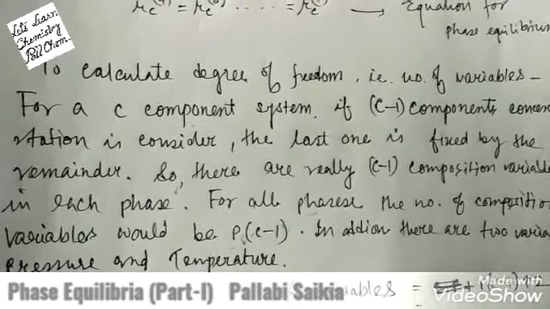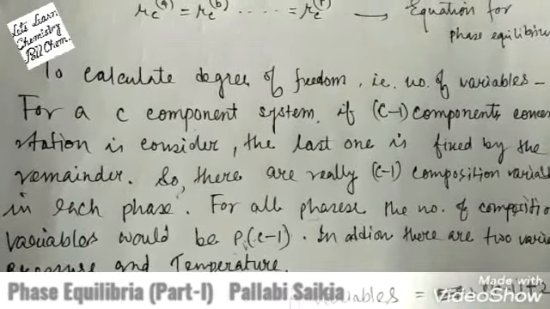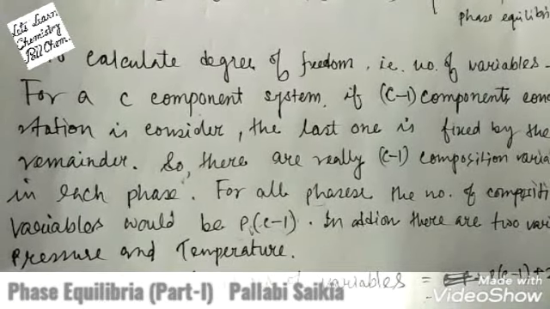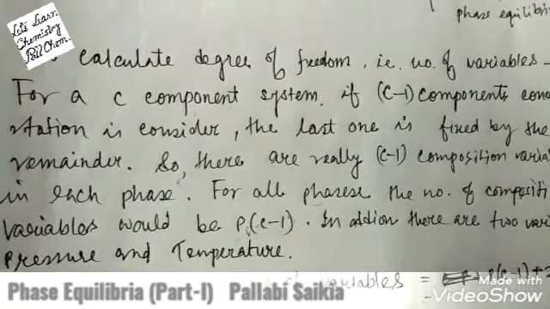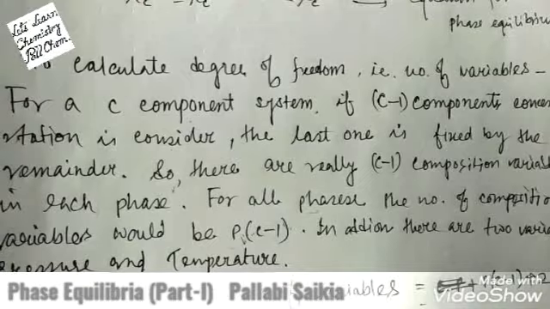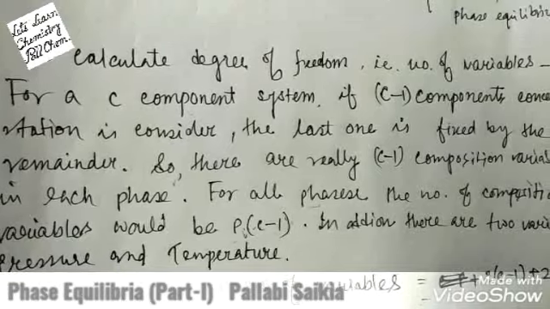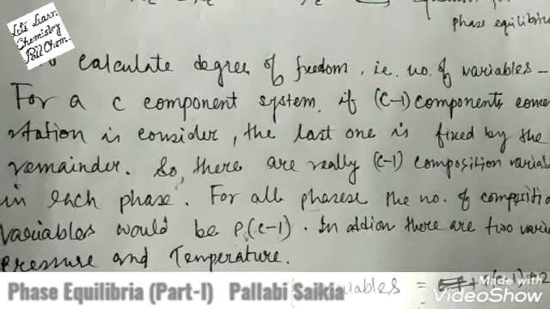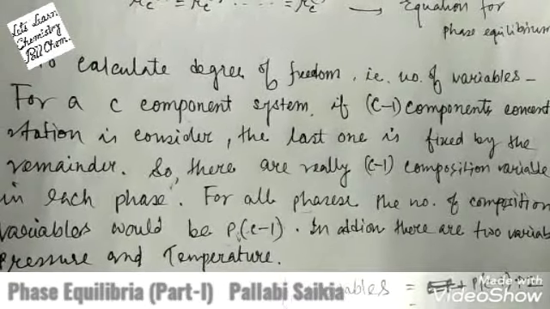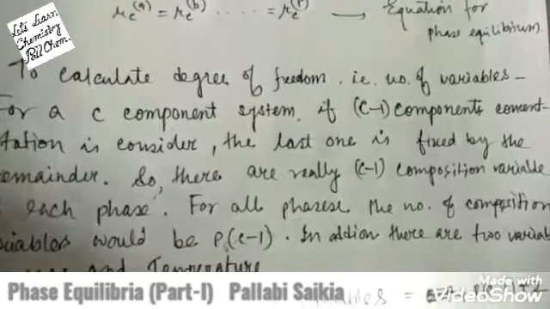Now for P phases, the total number of composition variables will be P into C minus 1. So C minus 1 will be for one phase and P into C minus 1 will be for P phases. Now along with P into C minus 1, we have to add two more variables, that is pressure and temperature. Hence the total number of variables will be P into C minus 1 plus 2. This 2 is coming from pressure and temperature.